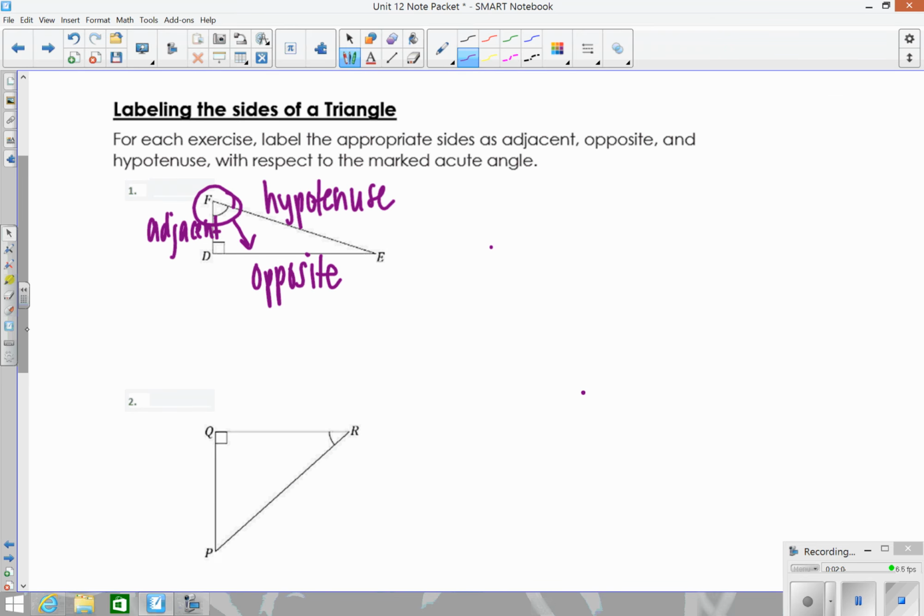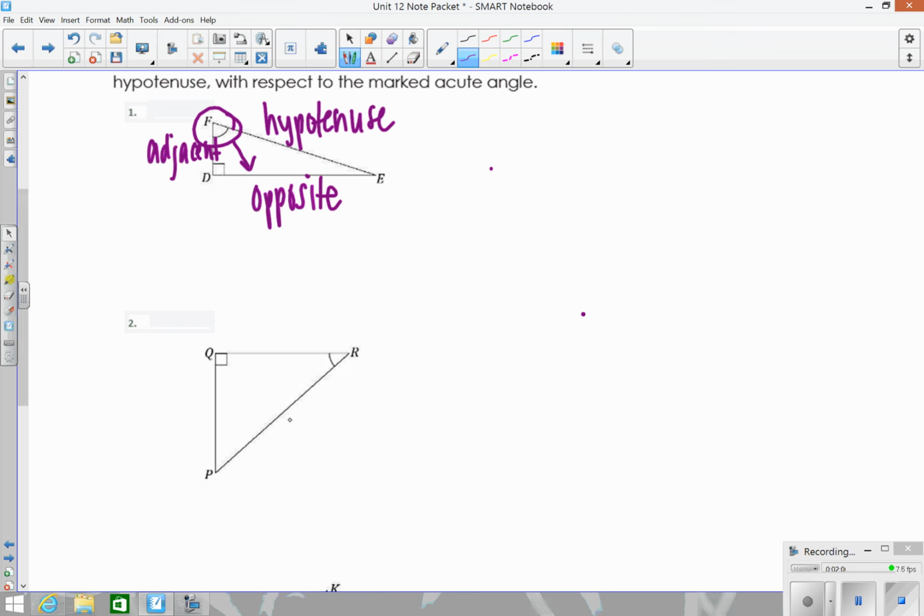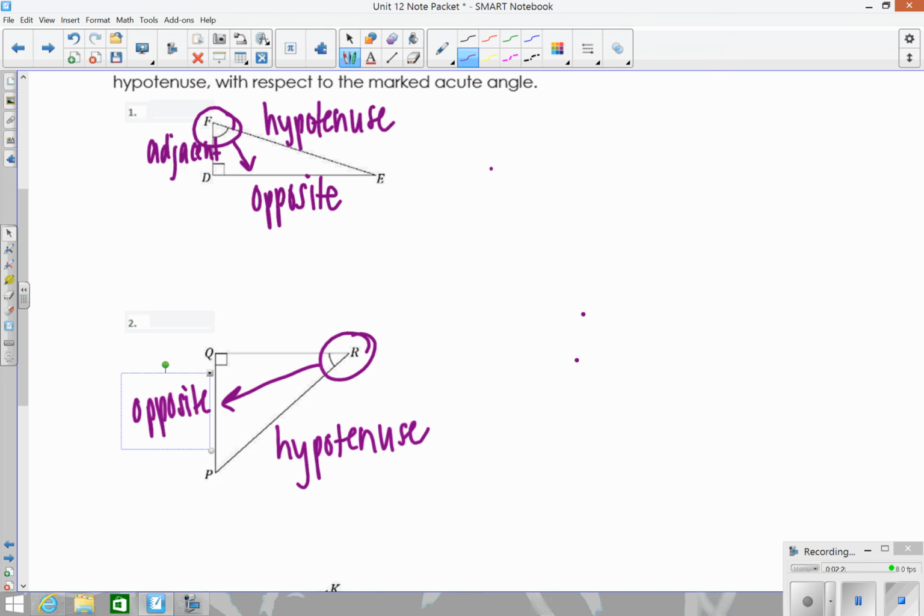Again, looking at number 2, the hypotenuse is always across from that right angle. So this is going to be the hypotenuse. And then identify the angle that you're looking at, angle R in this case. Opposite is the side across from it, and adjacent is the side next to it.